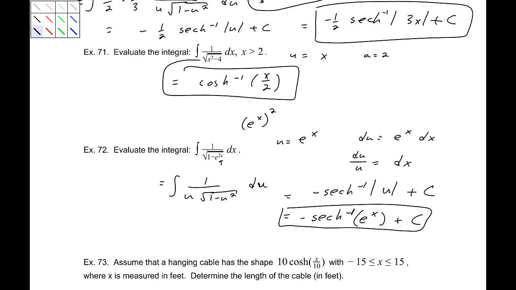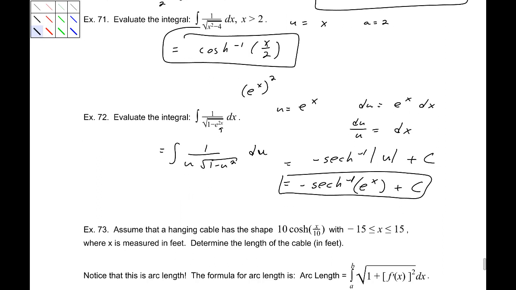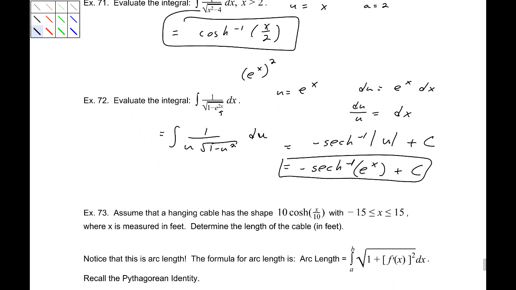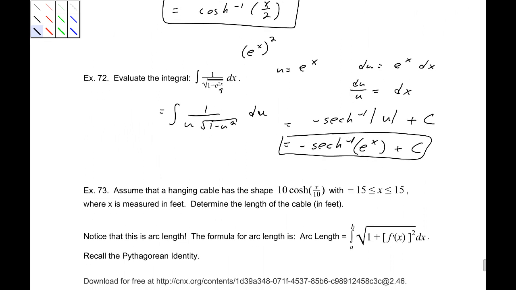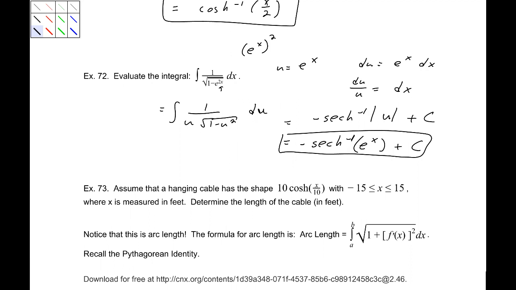Alright, last two that we've got. There's a couple of applications, and this is why this fits in this chapter. Assume that a hanging cable has the shape of 10 hyperbolic cosine x over 10 with x between negative 15 and 15, where x is measured in feet.